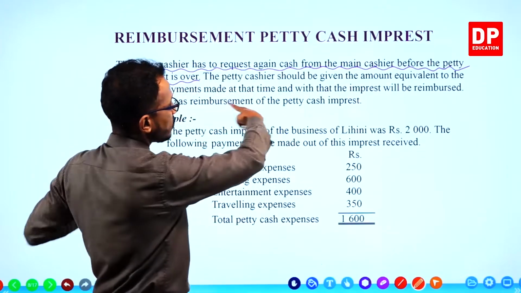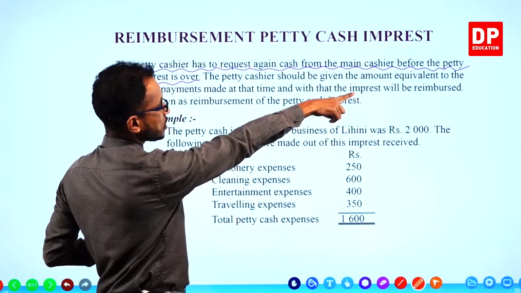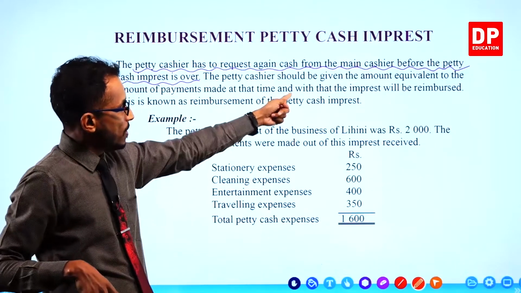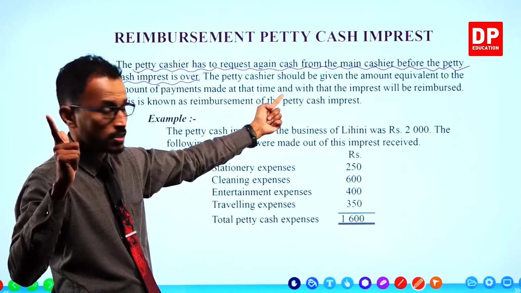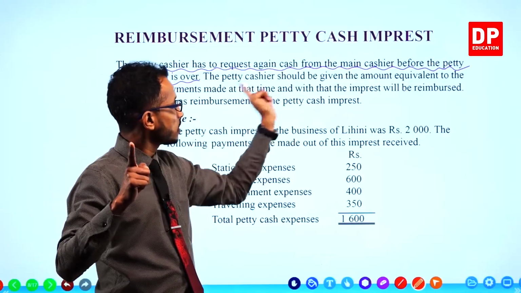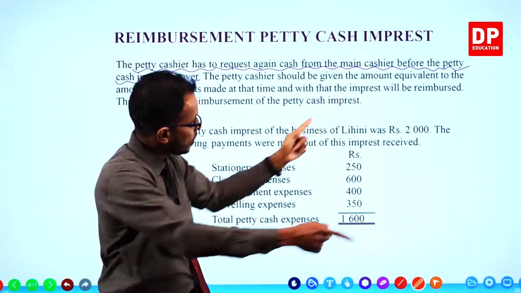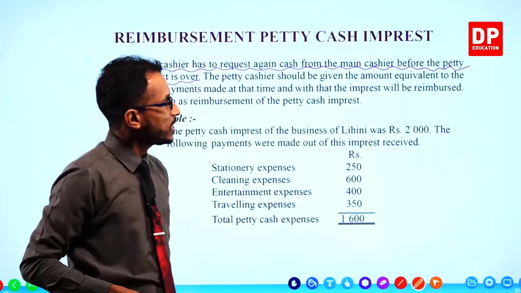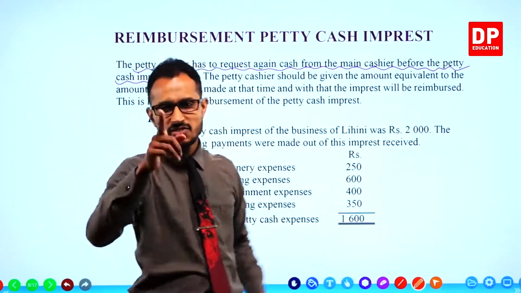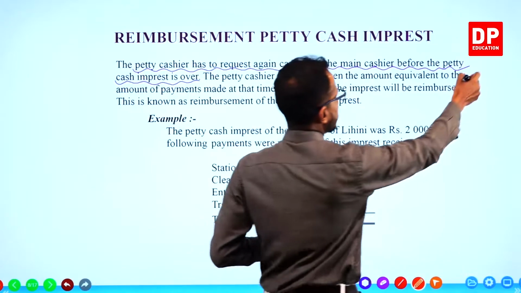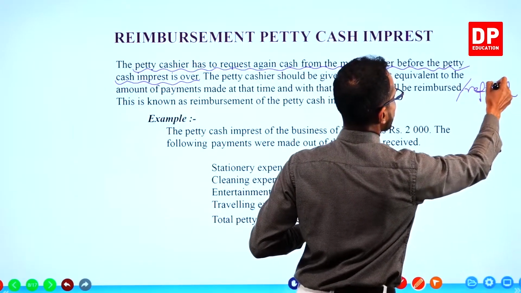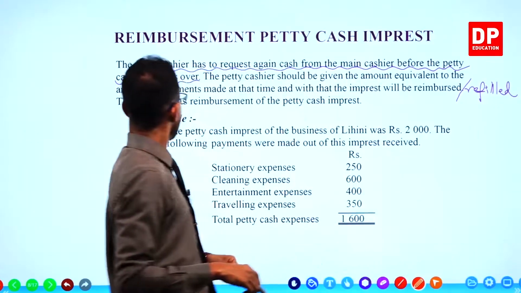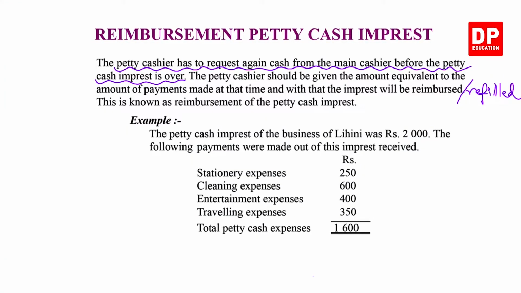The petty cashier should be given the amount equal to the amount of payments during that time. With that, the imprest will be reimbursed or refilled. That is known as the reimbursement of petty cash.